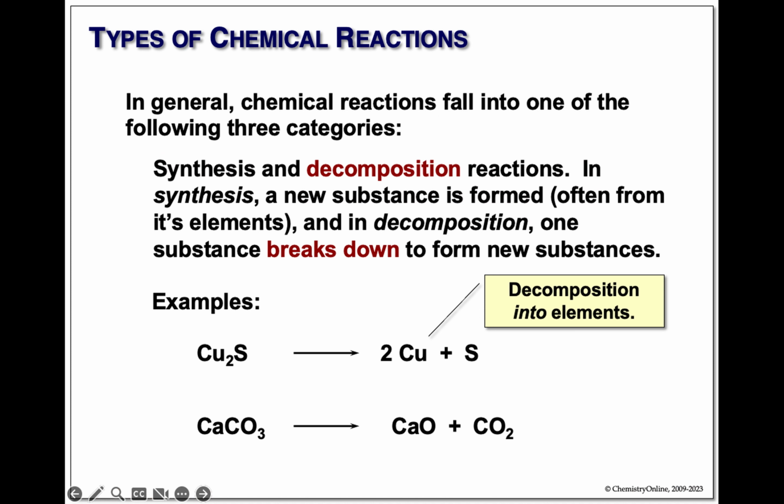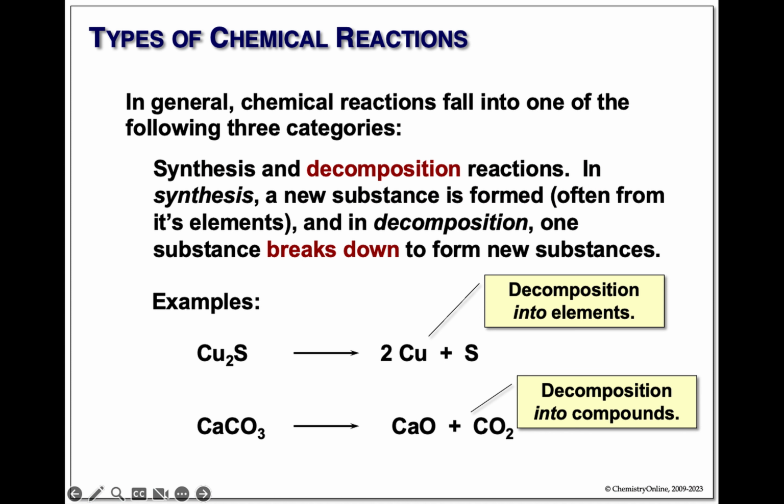We can also decompose into compounds. Calcium carbonate, if you heat it up, will give calcium oxide and CO2. This reaction actually is very important because it goes backwards very easily. If you take calcium oxide, mix it with water, it will absorb CO2 from the atmosphere and make calcium carbonate, also known as cement.